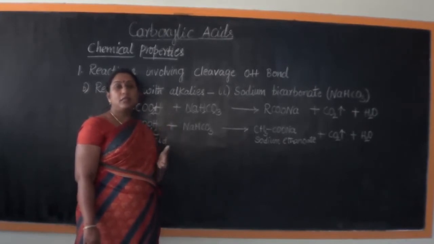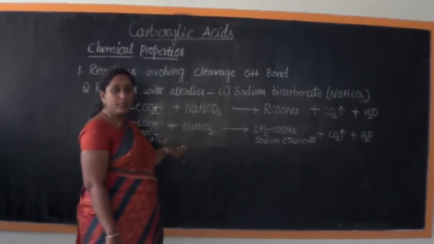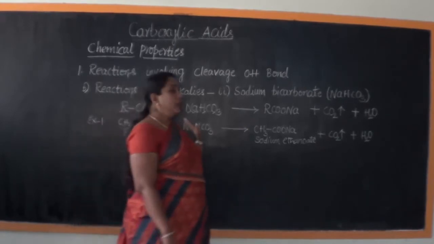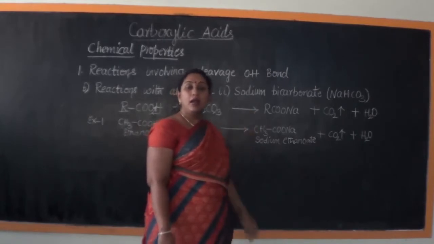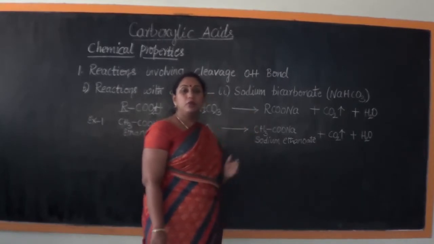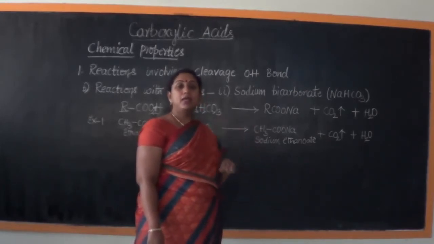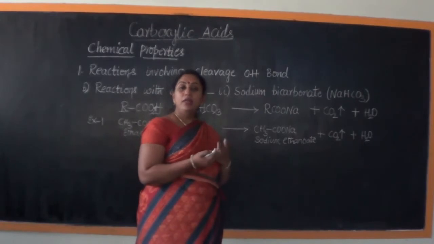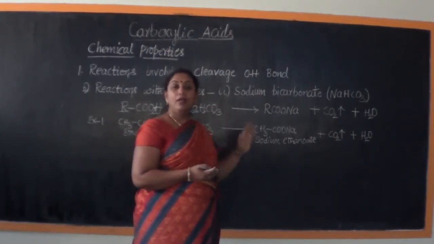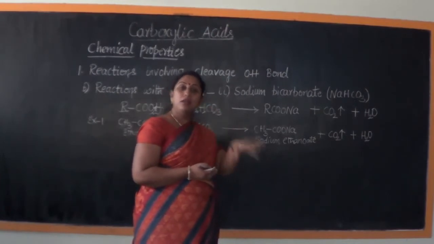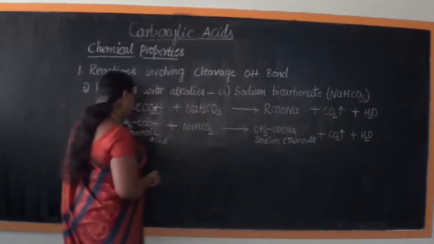Not only is it acidic in nature, we can also call it a complete acid in this case, because only the acids will have the ability to liberate carbon dioxide from the compounds of carbonates and bicarbonates. When we compare this action with phenols, phenols are only acidic in nature, they are not acids. But carboxylic acids not only are acidic in nature, they are also considered as acids.